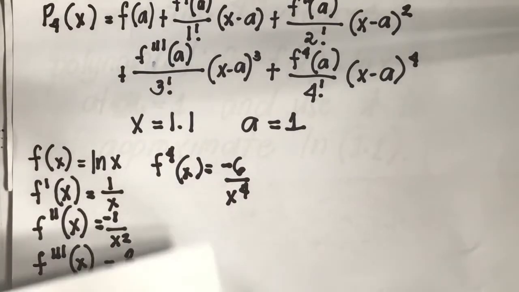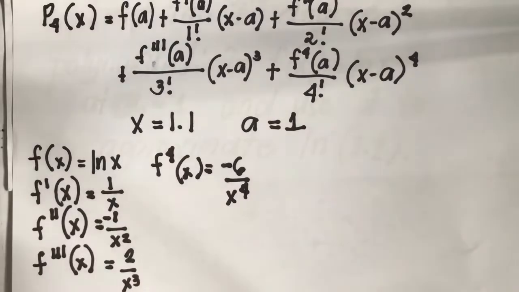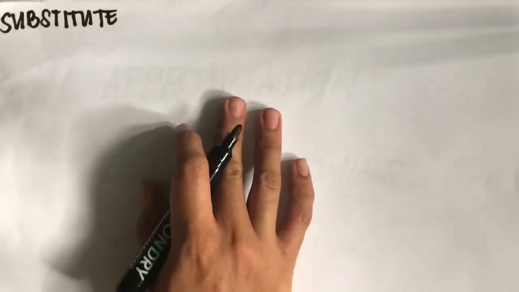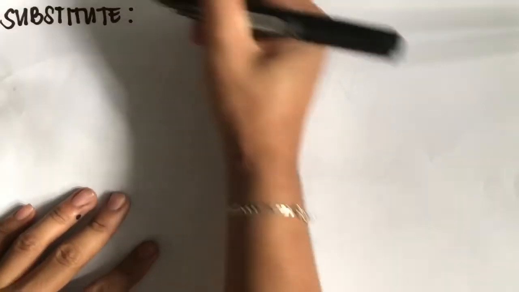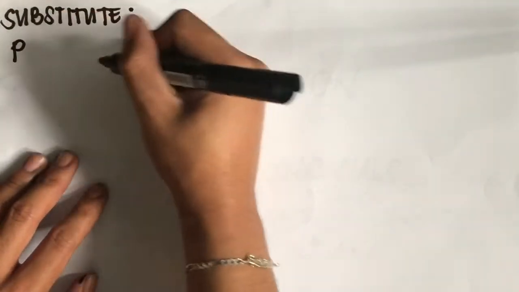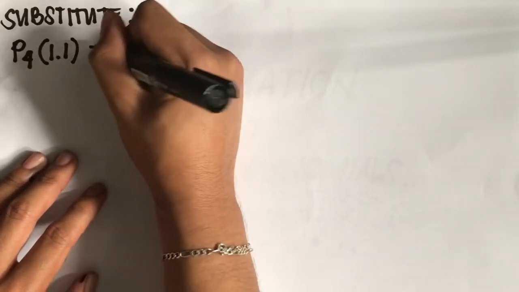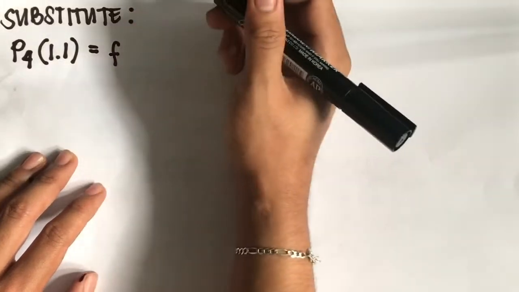Let me have another paper here so that we can proceed to our next process, which is to substitute all the values that we have just calculated. That's going to be P subscript 4, since we are in the fourth degree, of 1.1.